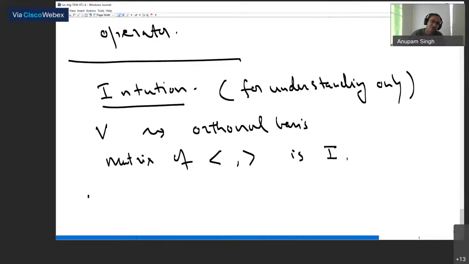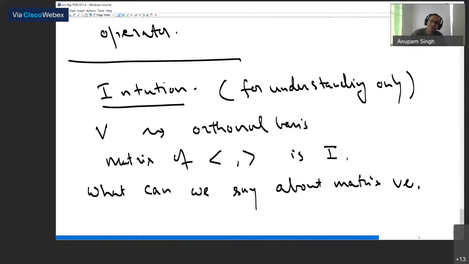Now the question is: in the matrix version, what is a normal operator? What can we say about the matrix version of a normal operator?